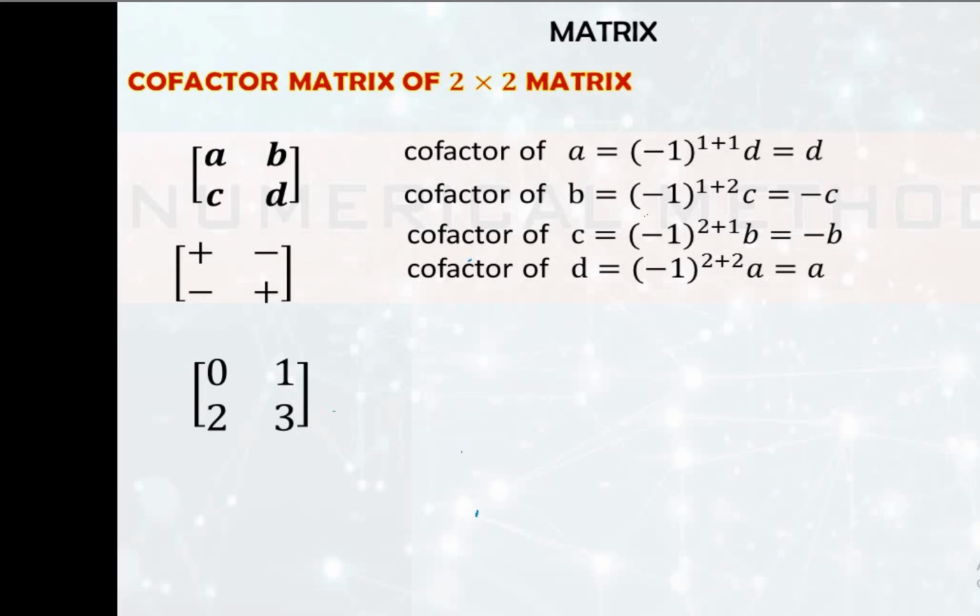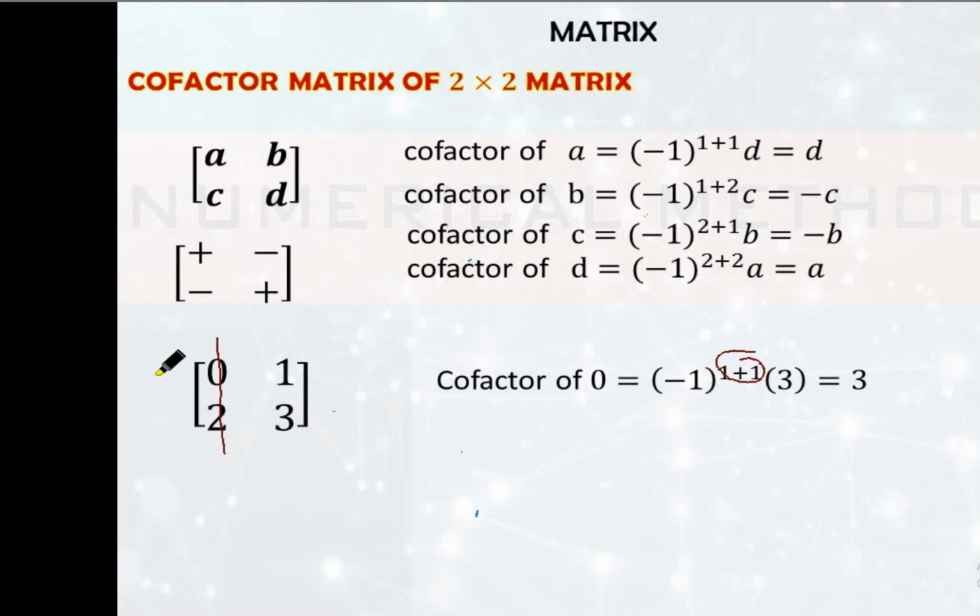Okay? So, for example, this one. Matrix with elements 0, 1, 2, and 3. If we're going to get the cofactor of 0, paano ko nakuha yung cofactor ni 0? Is simply equal to negative 1. Again, this pertains to the indices ng ating element.